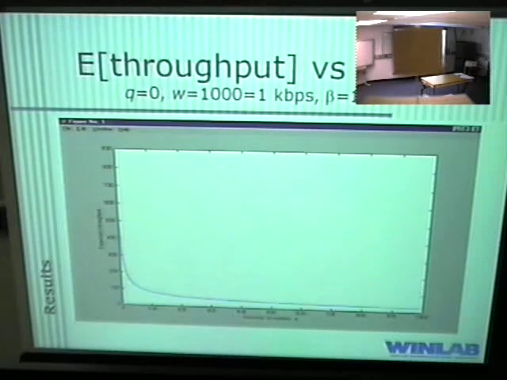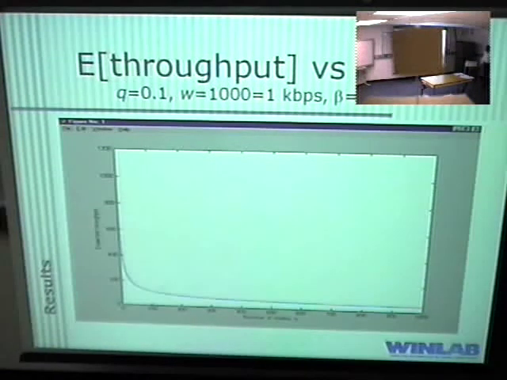This is the more interesting result, when we choose different values of Q and see how the behavior changes with the number of nodes. This is the result that was obtained by Gupta and Kumar. My results also agree with theirs when Q is equal to 0, and we find that the throughput decreases with the increase of the number of nodes. The number of nodes is varied from 1 to 1000.